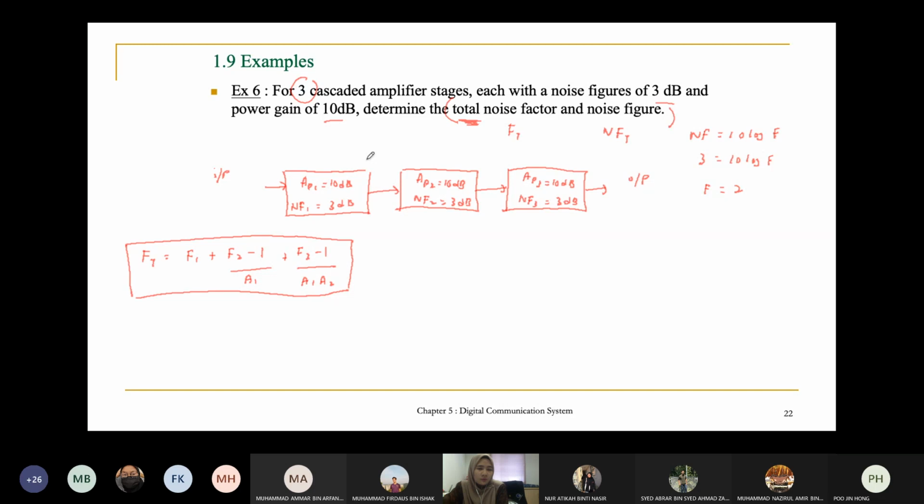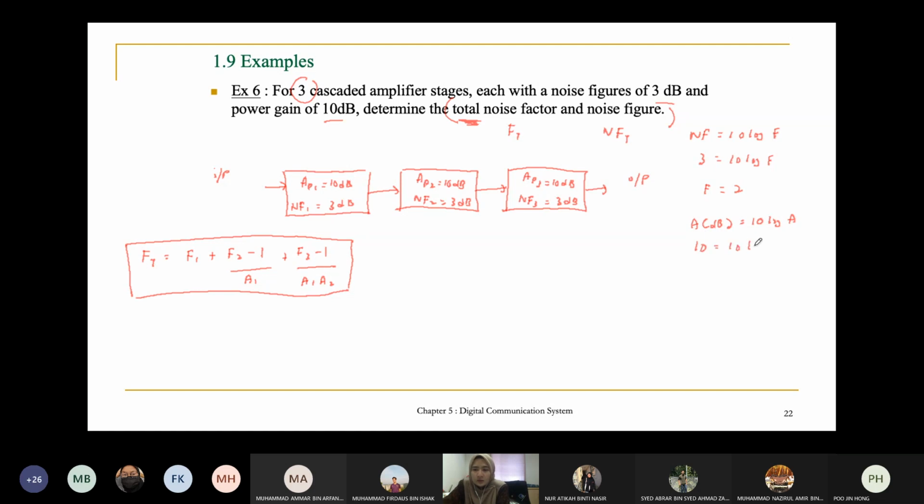So same for this one. You need to convert A in decibel is equals to 10 log A. Okay, so A in decibel is 10.